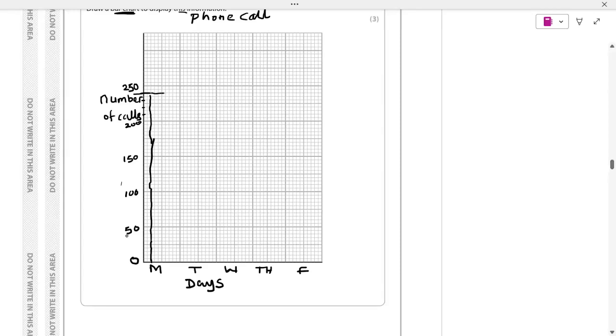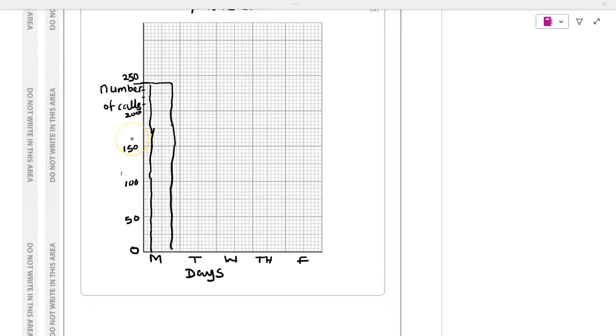And draw that down. It's very important to use a ruler here. Okay, Tuesday is 140. This is 100, 110, 120, 130, 140 is here.